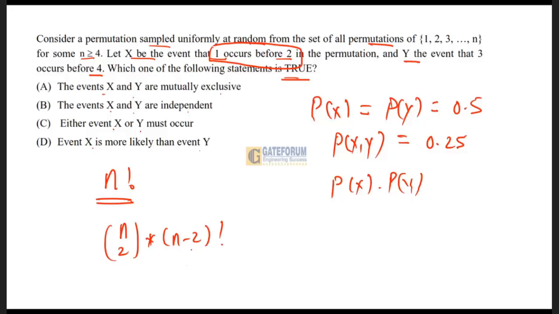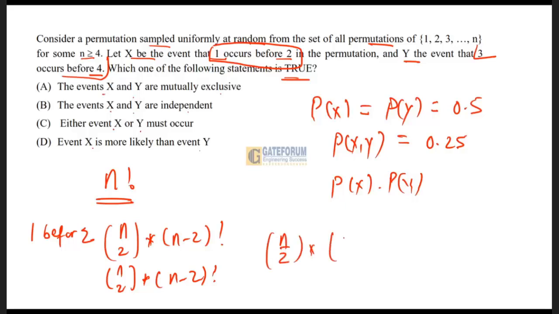And the number of permutations where 3 comes before 4 is also nC2 times (n minus 2) factorial. So the number of permutations where 1 comes before 2 and 3 comes before 4 is nothing but nC2 times nC2 times (n minus 4) factorial.